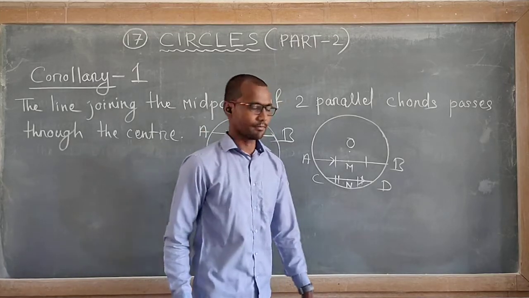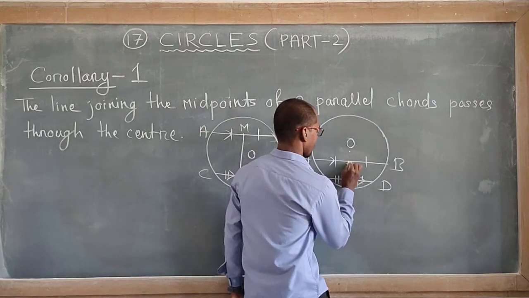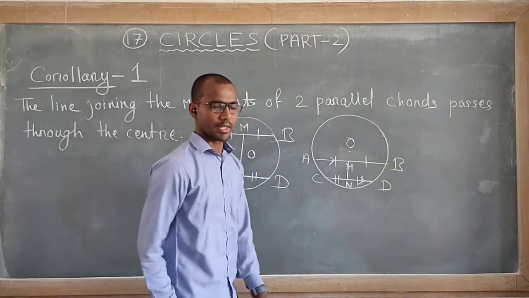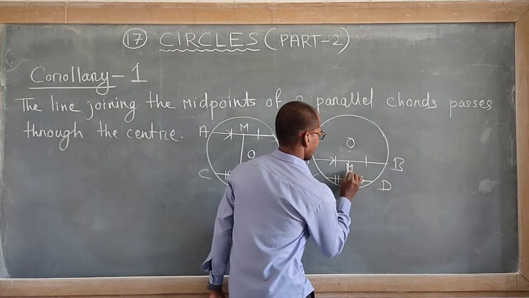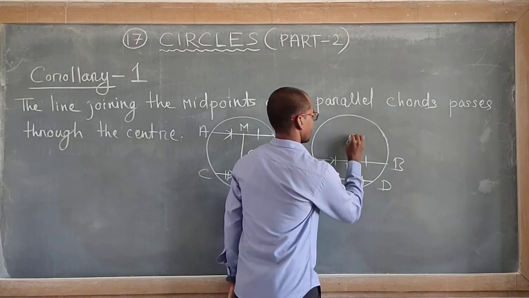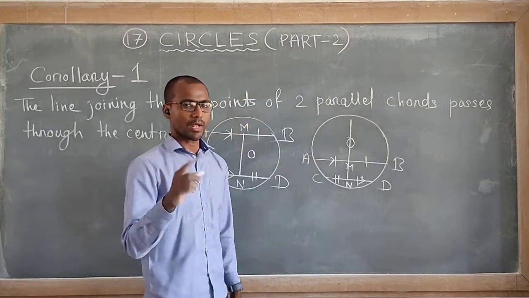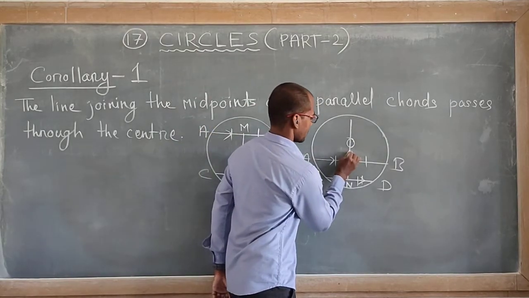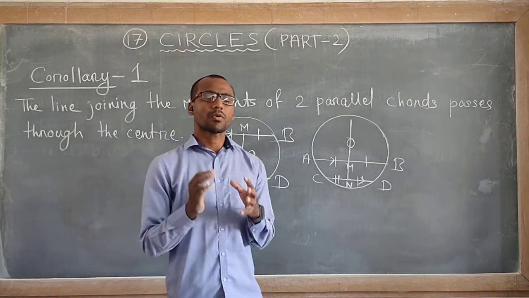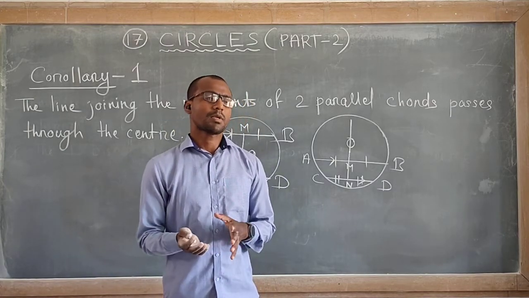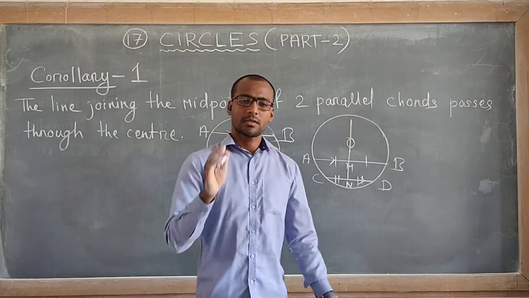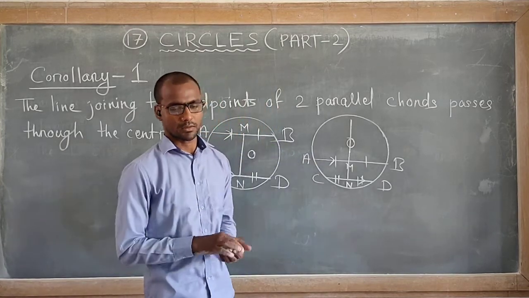If we join MN and produce it like this, it will pass through the center. Here is the center. So remember, the line joining the midpoints of two parallel chords, whether they lie on the opposite side of the center or on the same side of the center, will pass through the center.